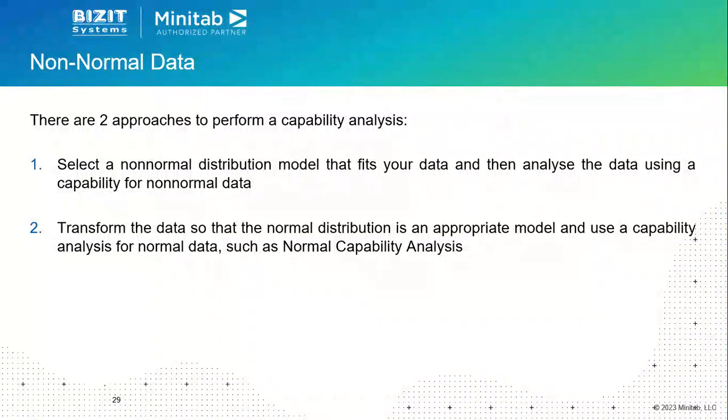When you fit your distribution, let's say with the Weibull distribution, you can proceed with the non-normal distribution. Another approach is to transform your data set from non-normal so that your data is now a normal distribution. So we have two approaches, depending on your situation.